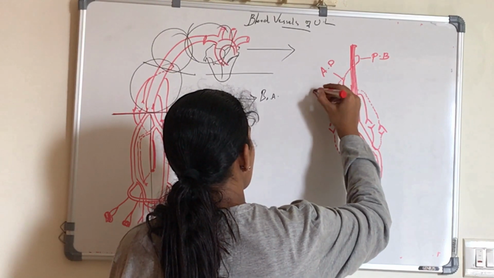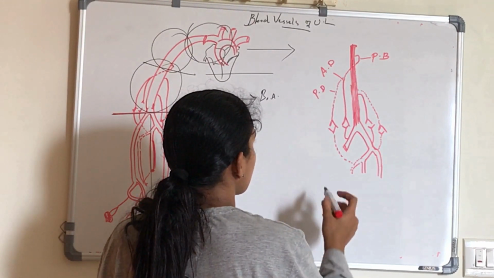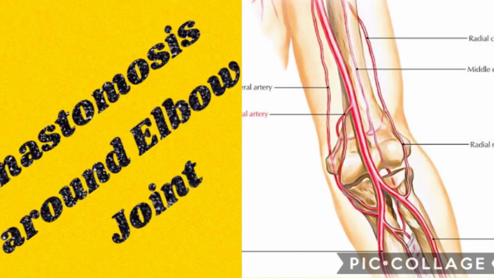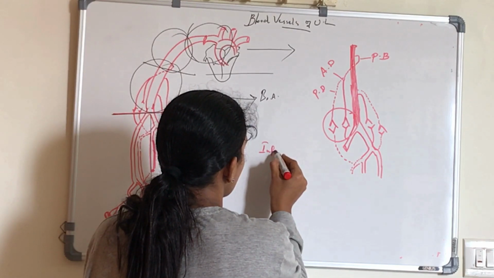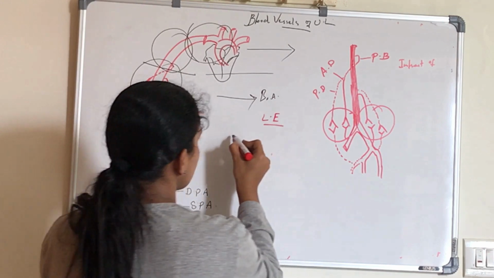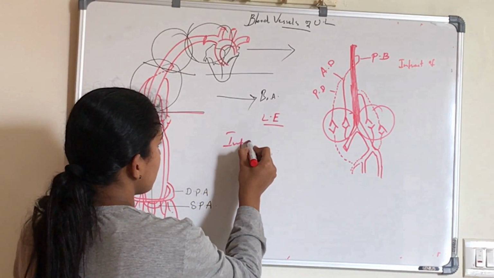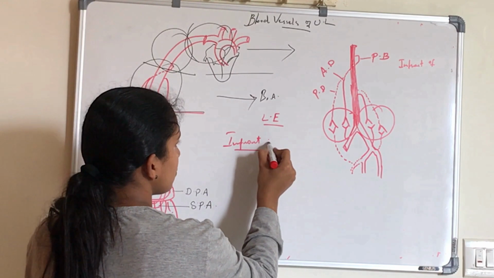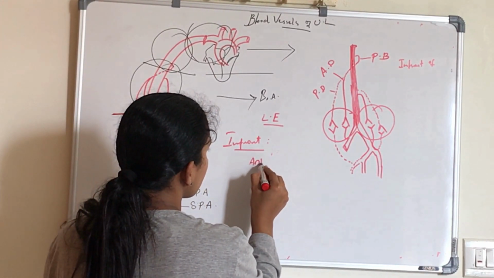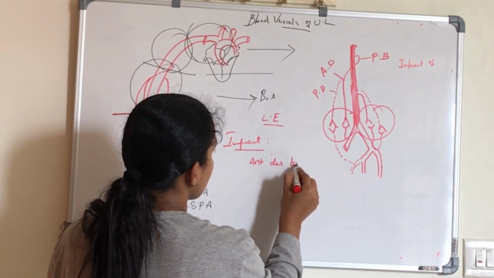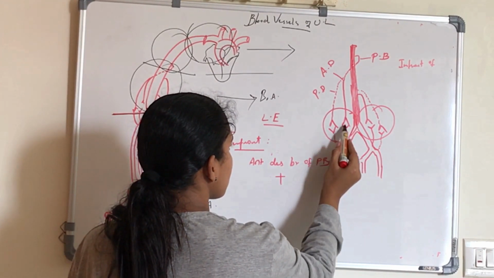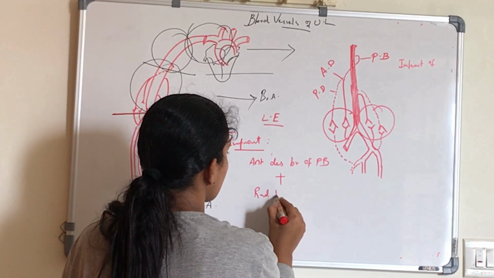See, profunda brachial gives anterior descending and posterior descending branches. That is in front of the lateral epicondyle. We have the anterior descending branch of profunda brachial from above and the recurrent branch from the radial artery from below.